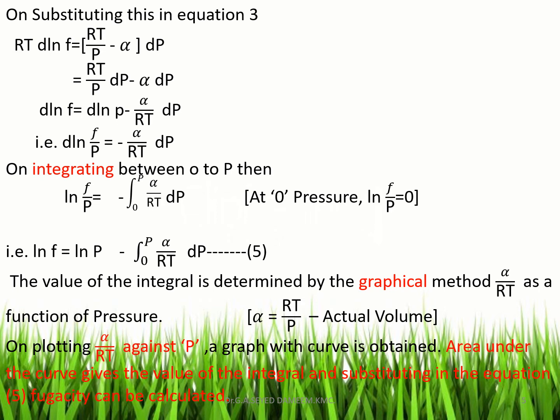Therefore only one term is present on the left hand side, that is ln f by P, equal to minus integral from 0 to P of alpha by RT dP. So that can be written as ln f is equal to ln P minus integral 0 to P alpha by RT dP. Let this equation be 5.